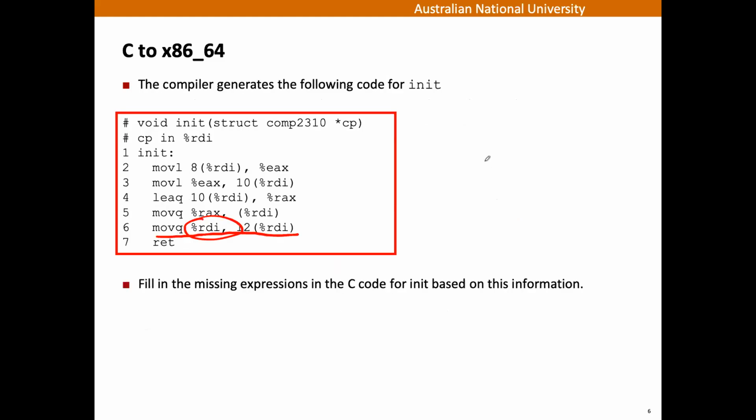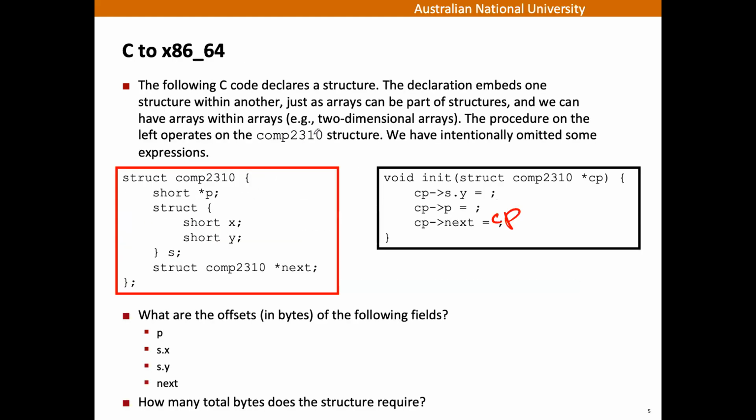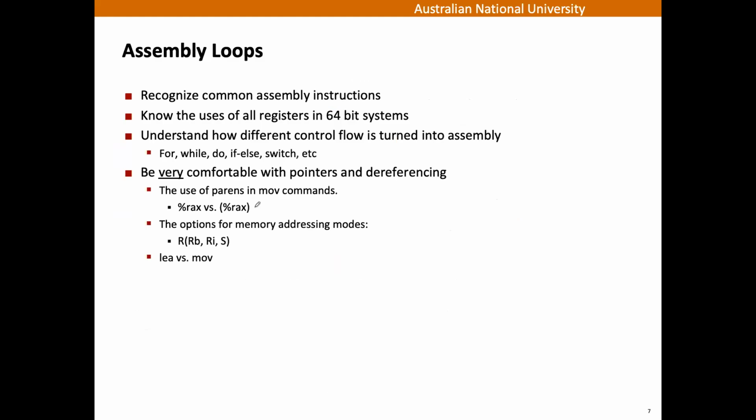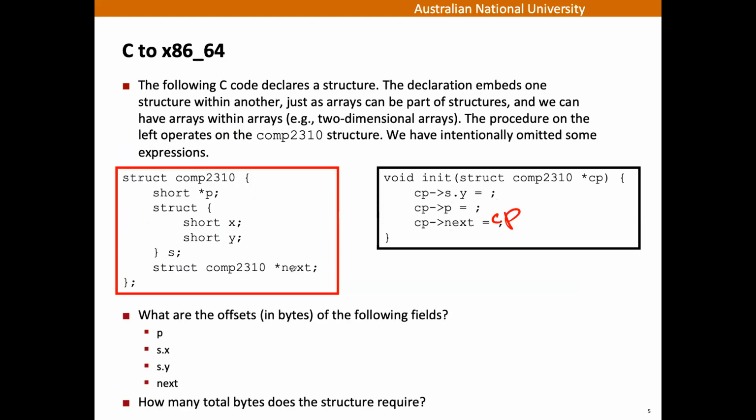RDI has the argument CP, right? If we go to assembly, it's taking whatever is passed to this function and storing it at an offset of 12. At an offset of 12, we have next.